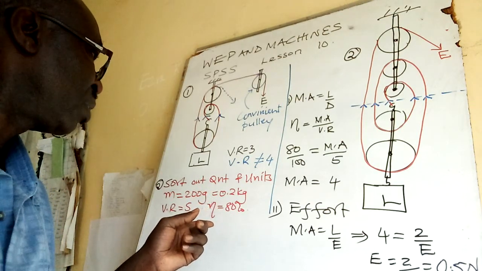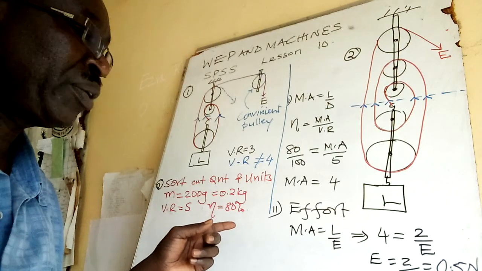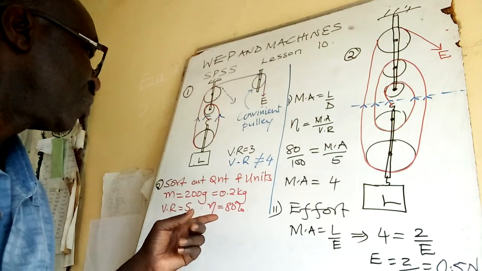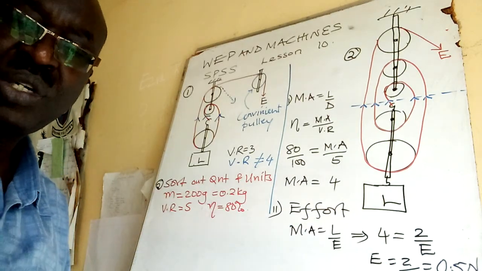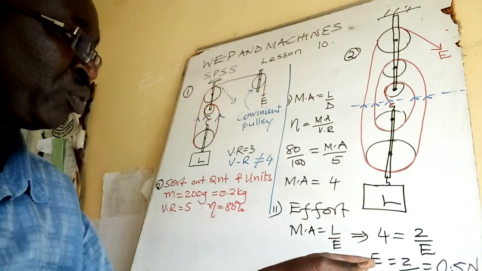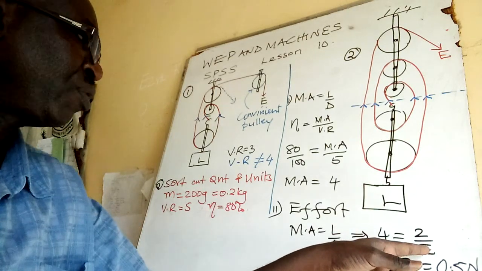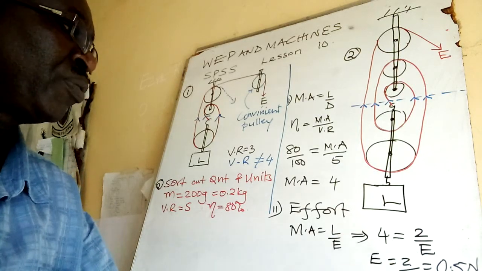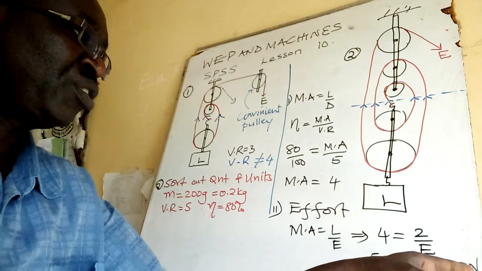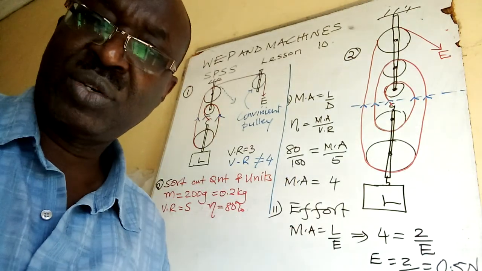That is by division by 1,000, and then multiply by 10. You will still get 2. 0.2 times 10 is 2. So directly you put here 2, load is 2, and then I don't know the effort because I'm being asked. Then it becomes 2 over 4. 2 over 4 is a half, which is 0.5 newtons. Folks, that is the way you will handle things.